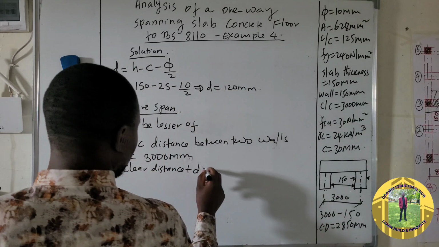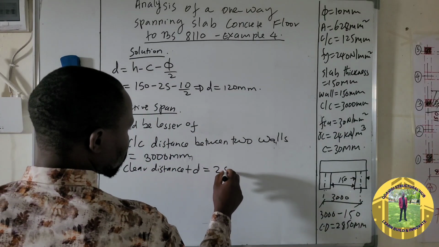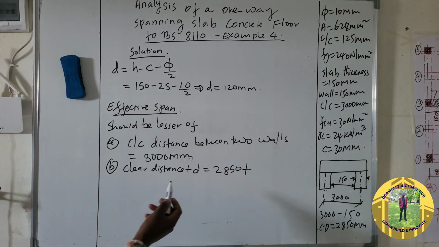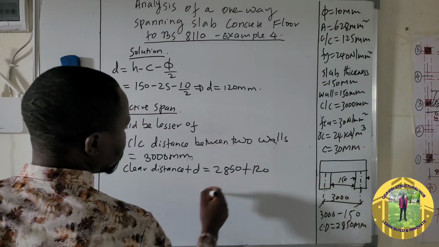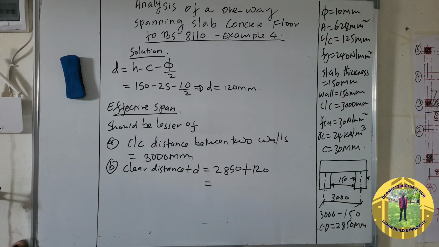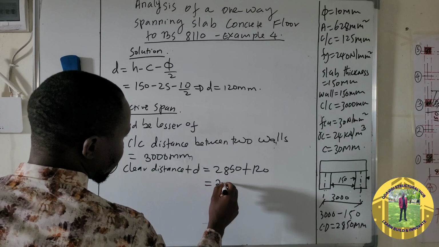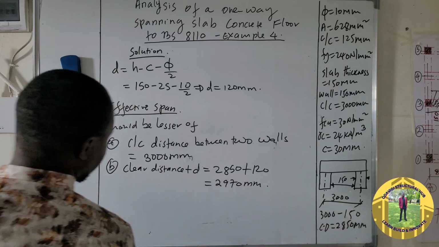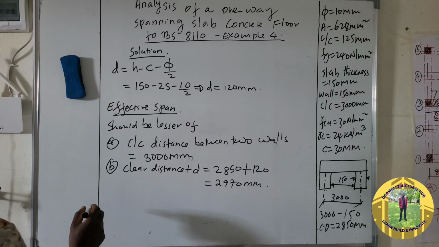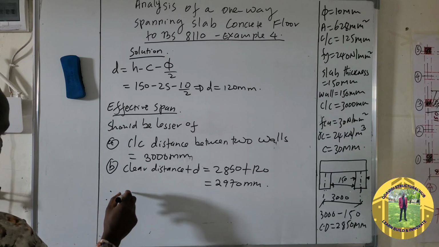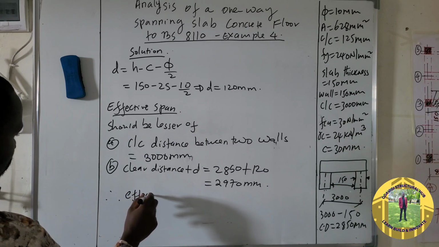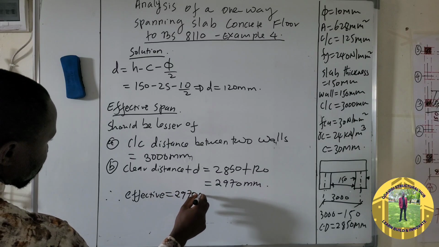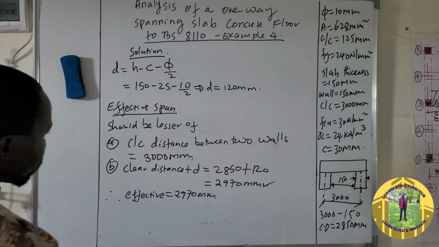So this one is equal to 2850 plus d, which is 120 millimeter. If you add, you will get 2970 millimeter. Therefore, effective span is equal to 2970 millimeter, which is lesser.